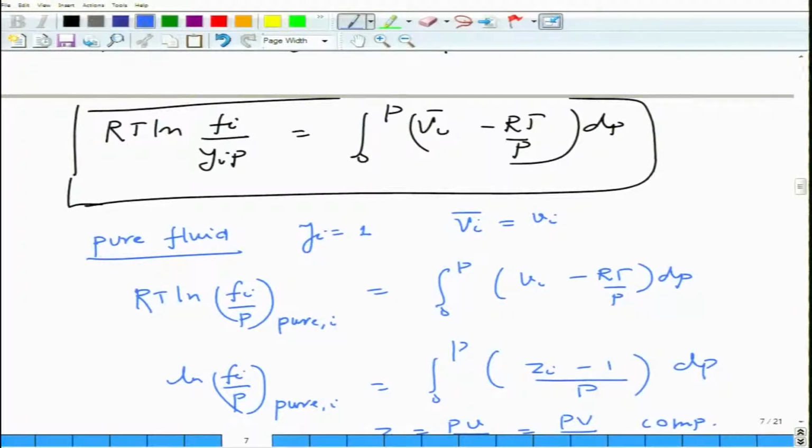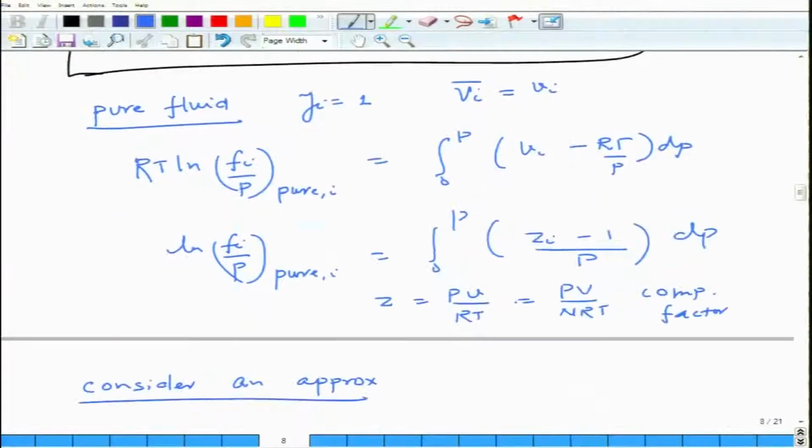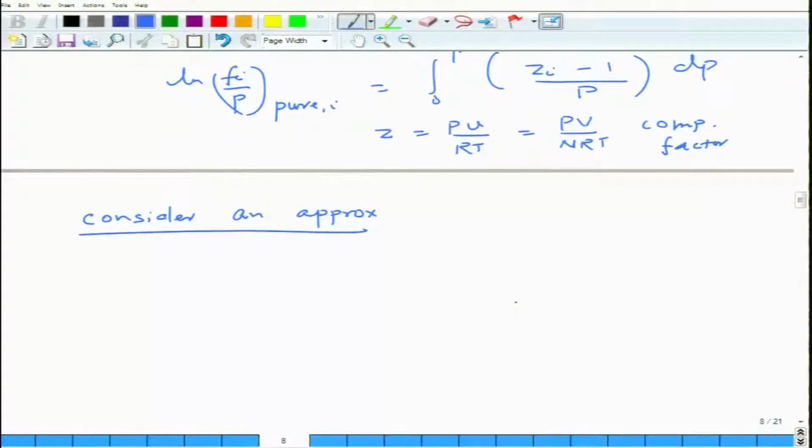Okay, there is no approximation involved in this expression. Now we can make certain approximations to simplify and look at how from here we can come up with this Lewis fugacity rule which we have imposed earlier.